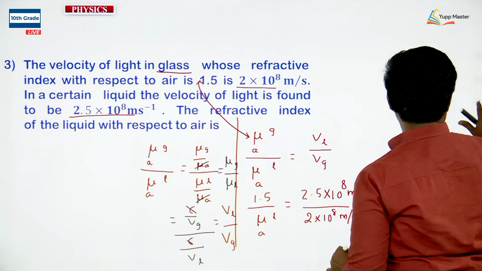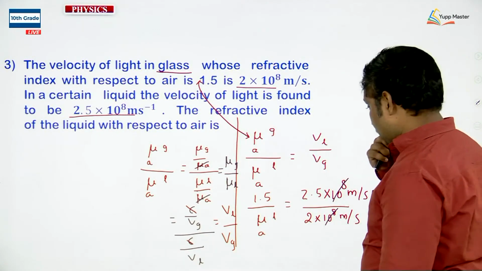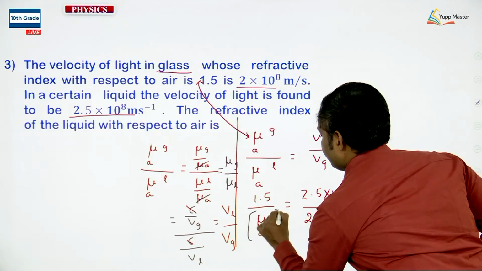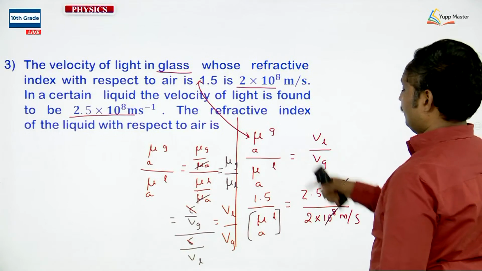It's very clear. Now let's go for the cancellation. Easily you will find out this parameter. If you take the cross multiplication also, easily you will find that.